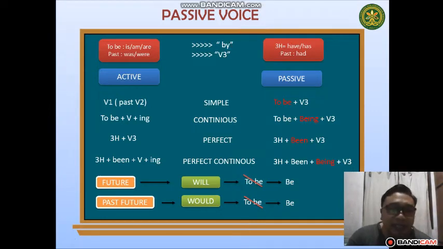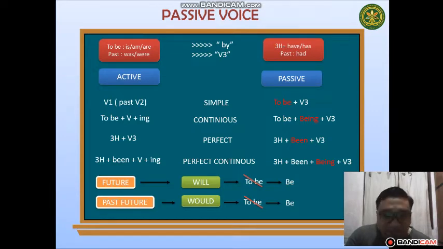For example, in the simple one, active always uses verb 1, but for the past it uses verb 2. So in the simple, when you want to make it passive, you have to input to be plus verb 3.